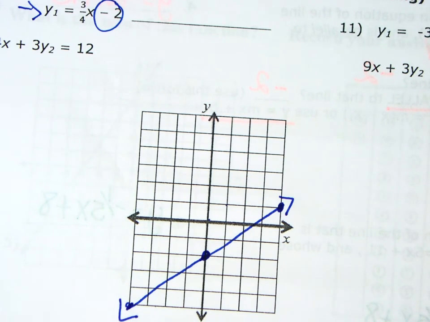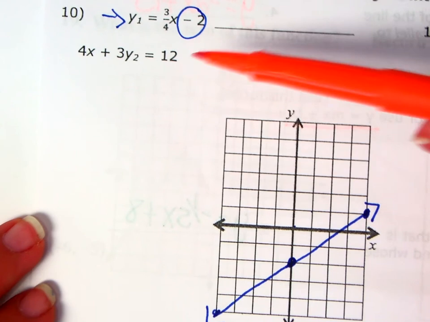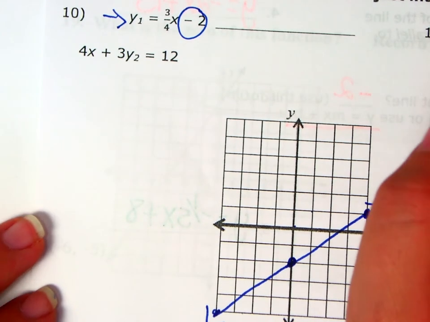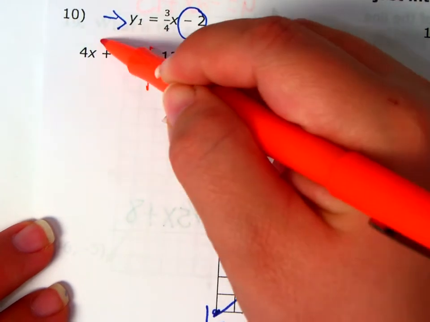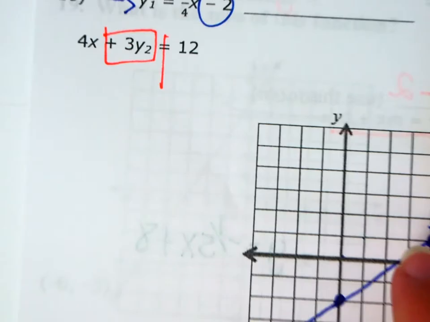Now the other one, can we graph it just how it is? That equation over here? No. You need to do what? Get y alone. So, how do I get rid of that 4x?